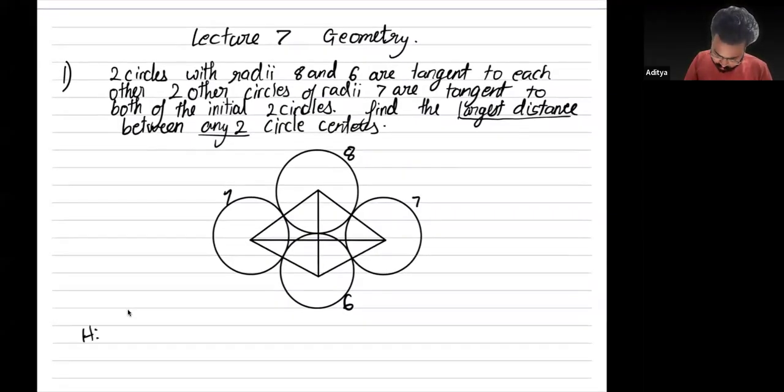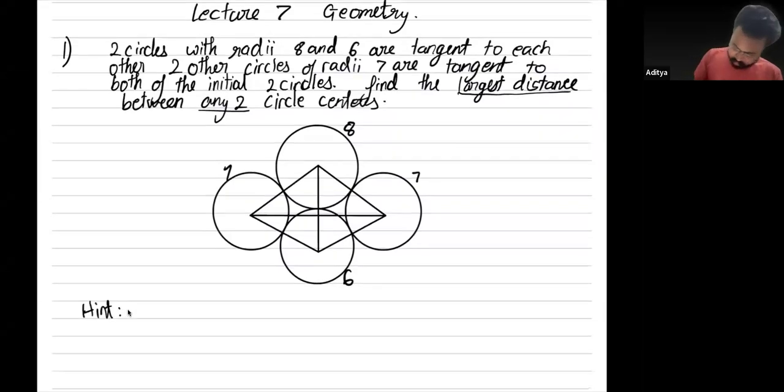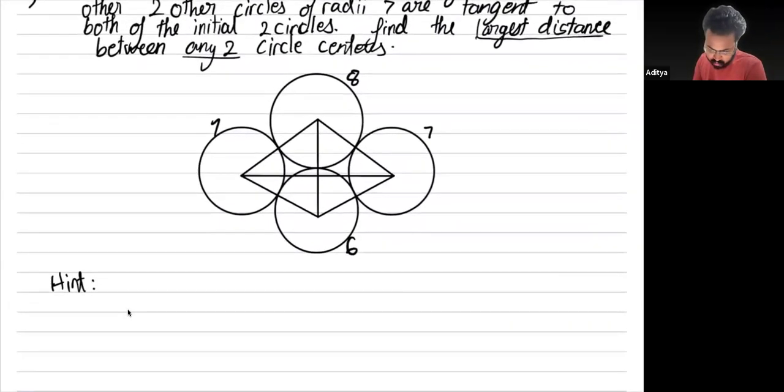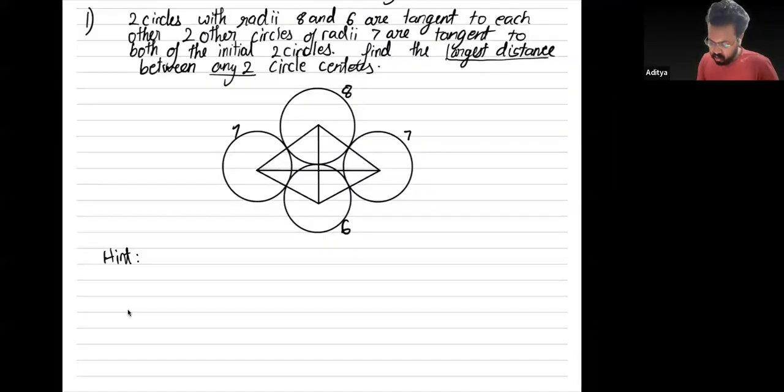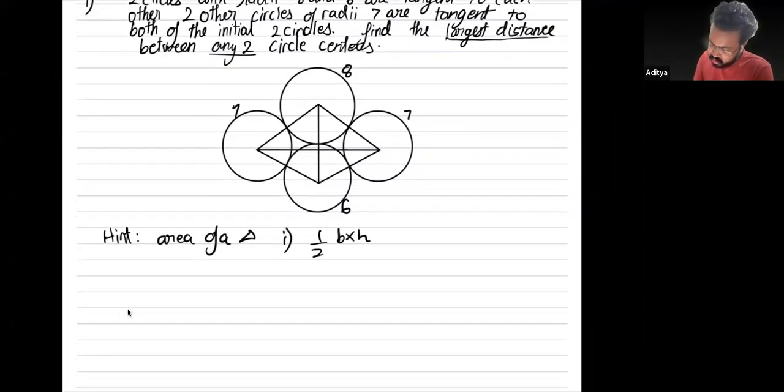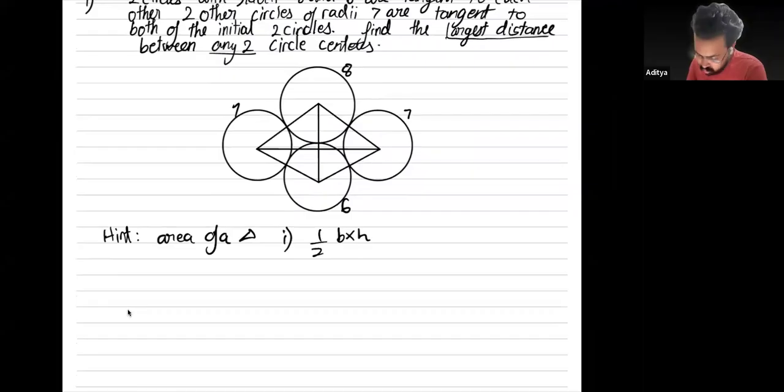One hint is, if you have a triangle, first of all, the area of a triangle can be expressed in many ways. The area of a triangle can be half of base into height, but most of the time height is not available to us.